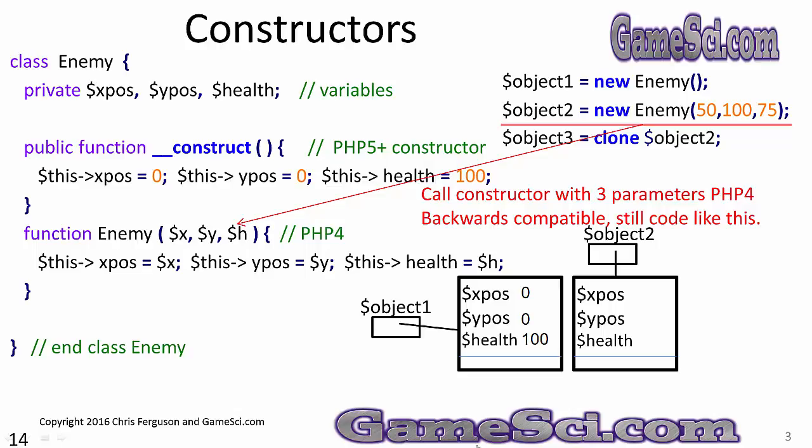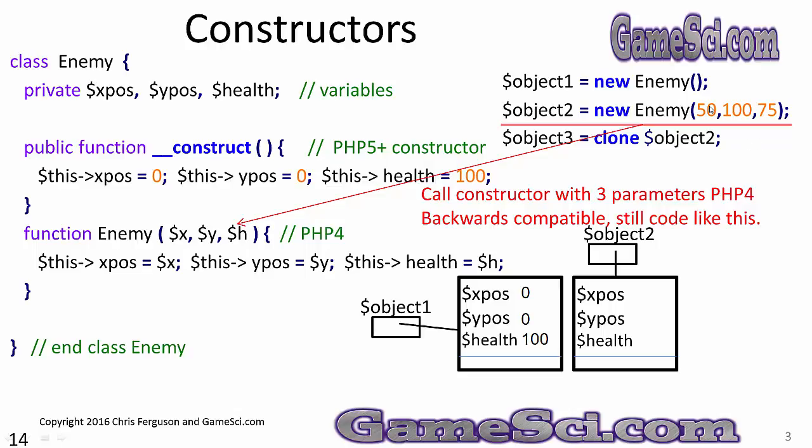But we still have to call the enemy constructor. Now again, this is the constructor with 3 parameters, PHP 4 style. Remember, it's backwards compatible, so even if you're programming in PHP 5, you can still do constructors this way, but you can't mix and match the two techniques. Backwards compatible means you'll still see a lot of code like this out in the field, so I feel I have to show you this old style.